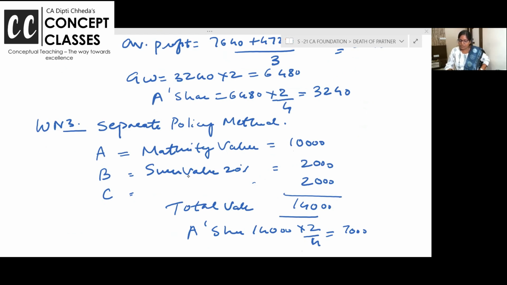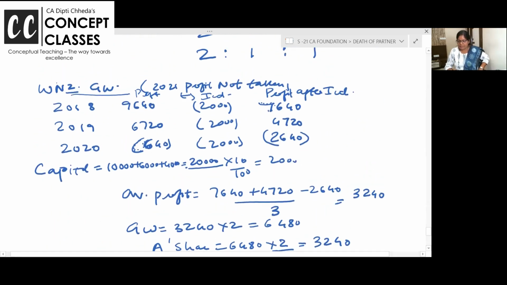Okay, what is the doubt? Why we have to do 2,000 from average profit? Yeah, listen. For goodwill, you need average profit after paying interest on capital. They are paying interest on capital, no. But the profits, what they have given in question, see, it's written in bracket, before charging interest on capital, these are the profits.